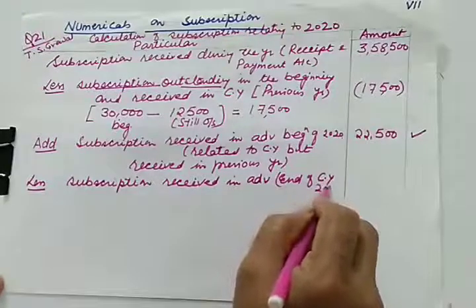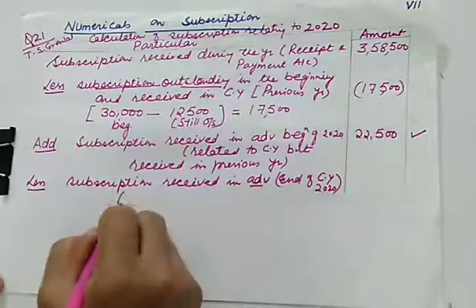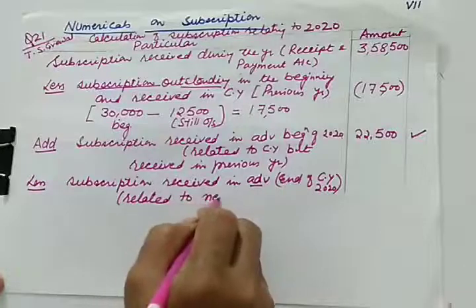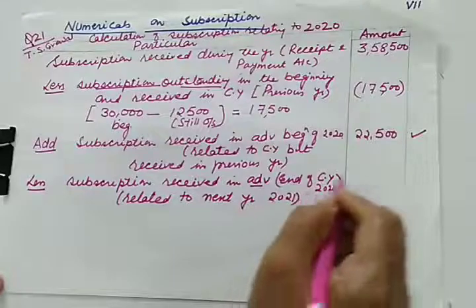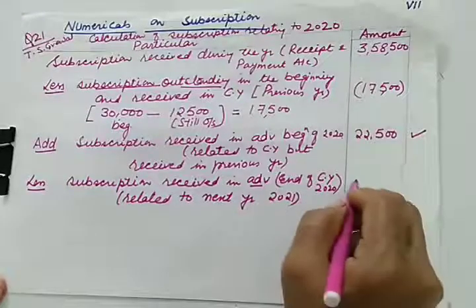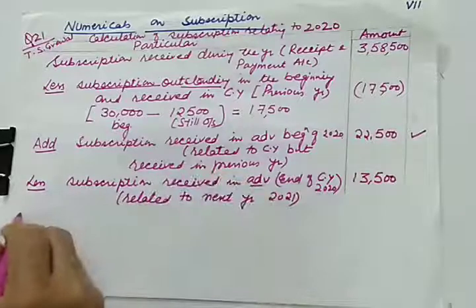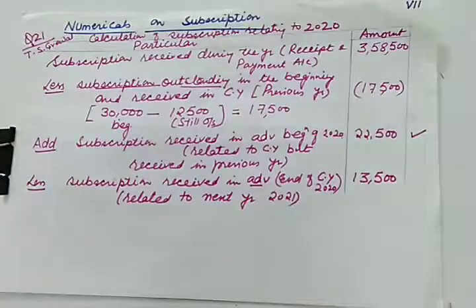Current year means 2020. Whatever advance you are receiving towards the end of the year is related to next year, which means 2021. So let us see the amount. Amount is 13,500.